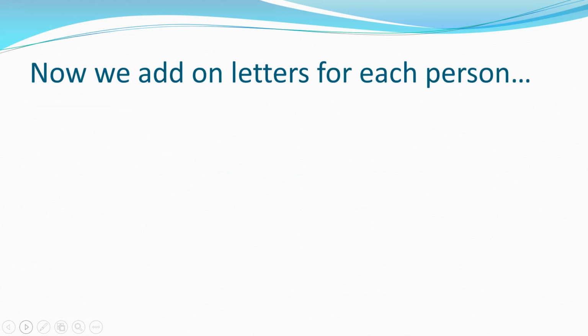Now what we do is we add on the letters for each person who is doing that activity. If you remember the list of people we looked at, I, you, he, she, we, you, they and they. Je, tu, il, elle, on, nous, vous, ils and elles. Let's see what letters we add on to the verb to complete that conjugation.